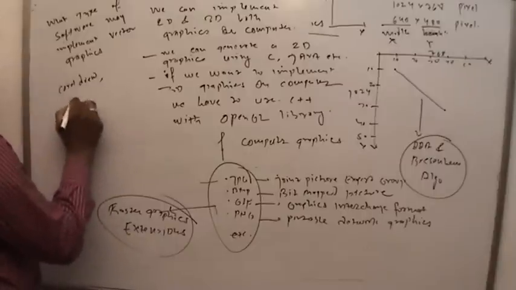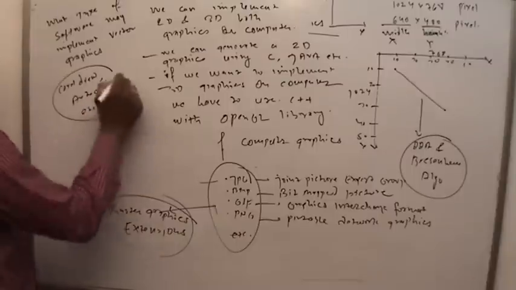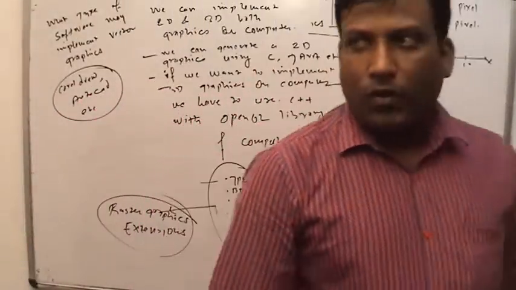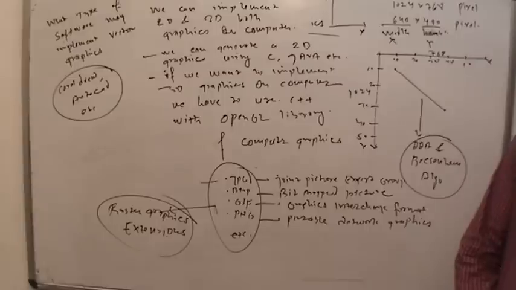CorelDRAW, AutoCAD, etc. These software can implement vector graphics, so using CorelDRAW or AutoCAD we can implement vector graphics on computers.